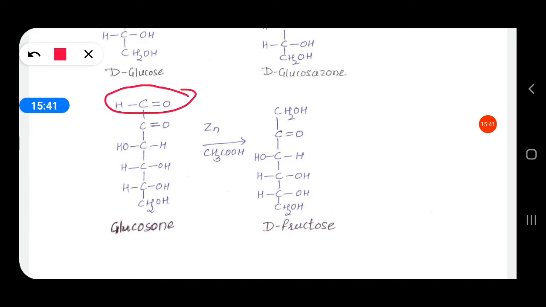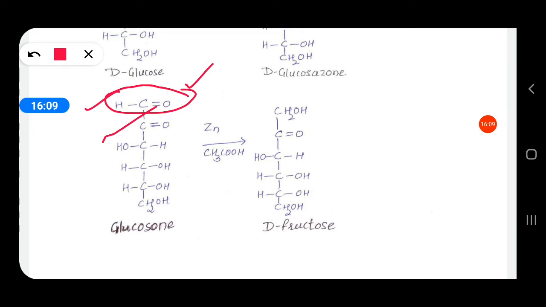But there are different reducing agents, lithium aluminum hydride, zinc amalgam. They will reduce both the carbonyl groups, the aldehyde group as well as the ketonic group. But here, to convert glucosone into fructose, only the aldehyde group should be reduced. So selective reducing agents are used.